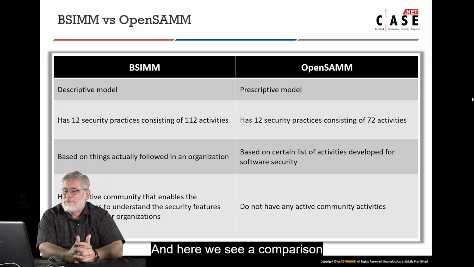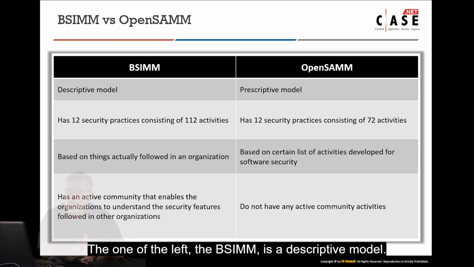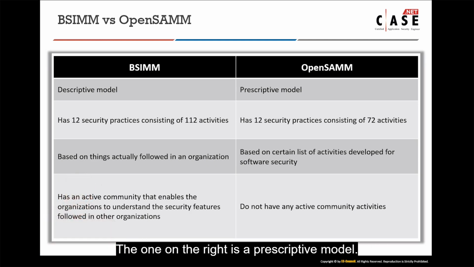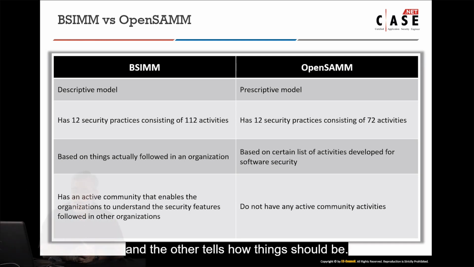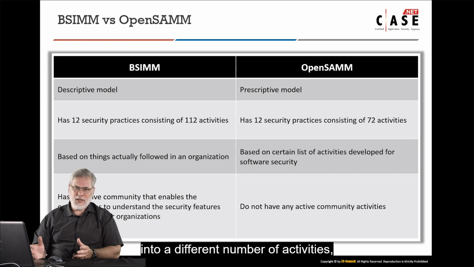And here we see a comparison of these two different maturity models. The one on the left, the BSIMM, is a descriptive model. The one on the right is a prescriptive model. In other words, one tells us how things are and the other tells us how things should be. They both have 12 security practices, but they've broken them down to a different number of activities.